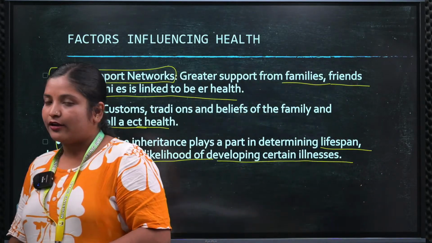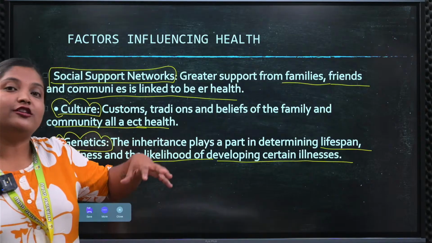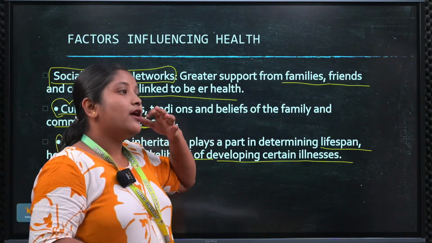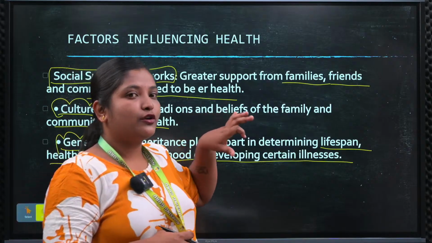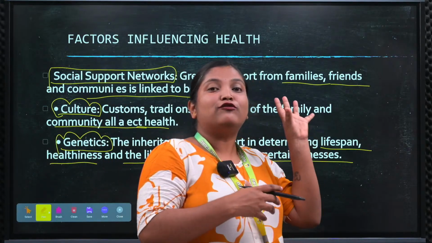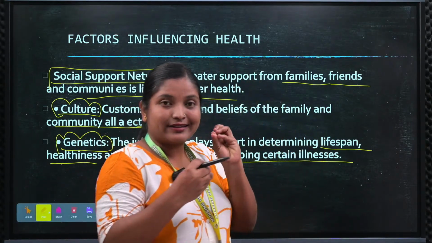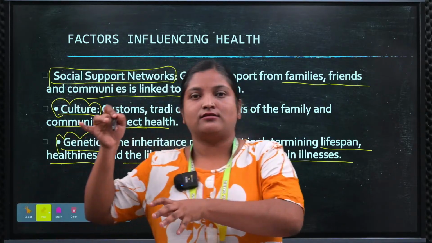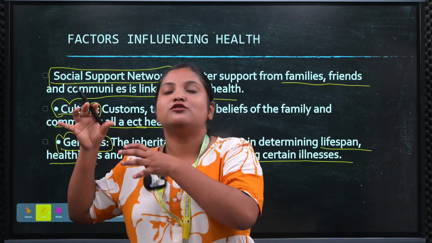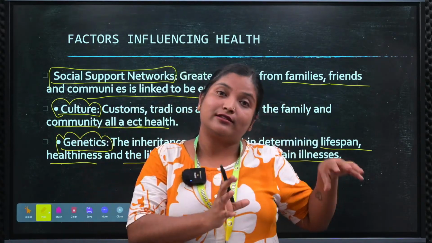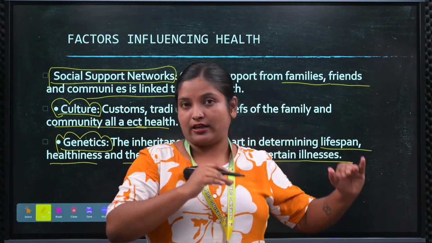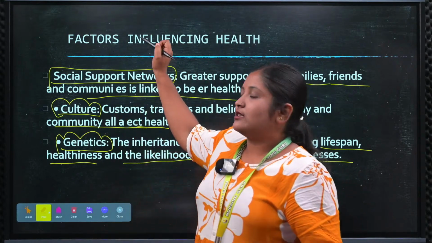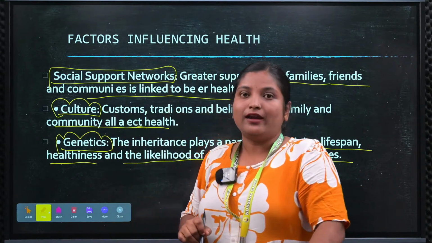Here you can see how your genes are. The inheritance is going to influence your health and is going to decide your lifespan also. If your ancestors maintained good health, you also get good health from them, right? That is why genetics also matters here.